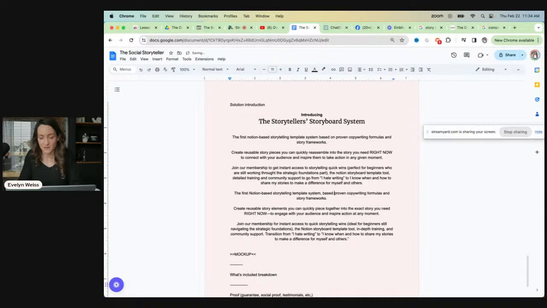I like based on more. Proven. Create reusable story elements you can quickly piece together into the exact story you need right now to engage with your audience and inspire action at any moment. To the exact story, yeah.